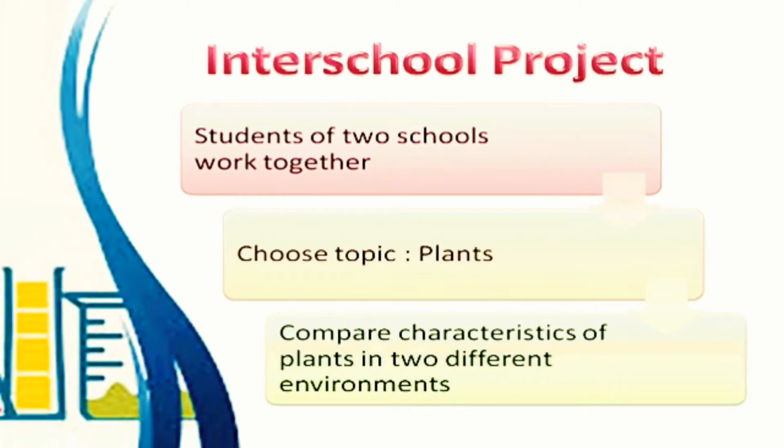Suppose there is an inter-school project, again on plants. So students of 2 or 3 schools work together. They choose a topic, that is plants, as I've already said, and the students of the 2 schools compare the characteristics of the plants in 2 different environments, that is, in the environments where their schools are placed.